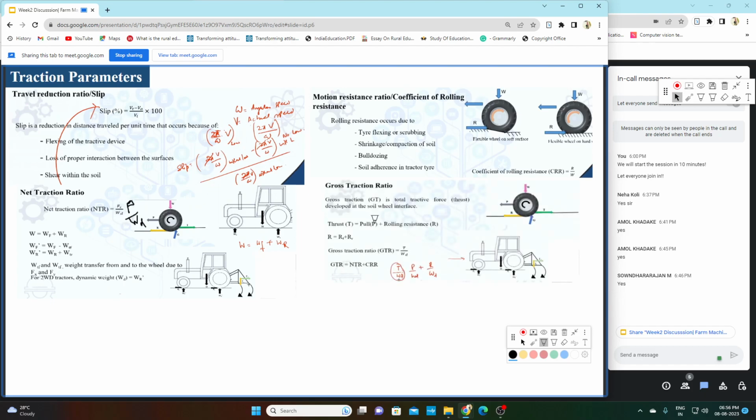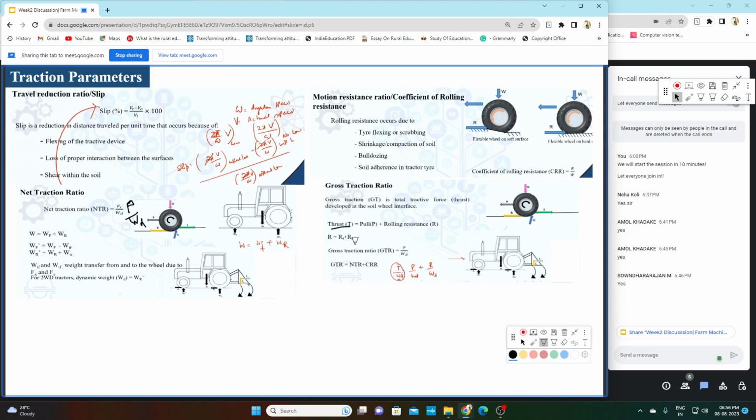Next one is gross traction ratio. What is this gross traction ratio? I told you in the previous slide that whenever there is a torque coming on the axle, there will be a thrust force. Thrust force is denoted by T or H. So gross traction ratio is this thrust force T divided by the dynamic weight coming on the wheel, that is T by Wd.